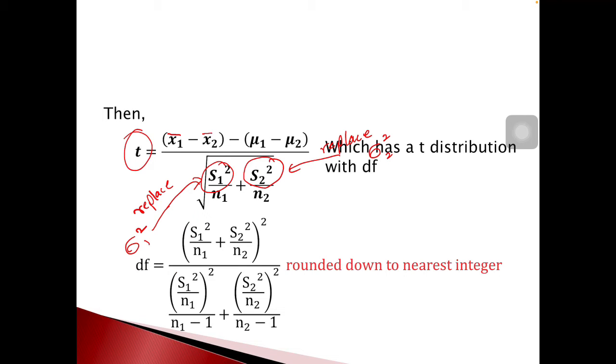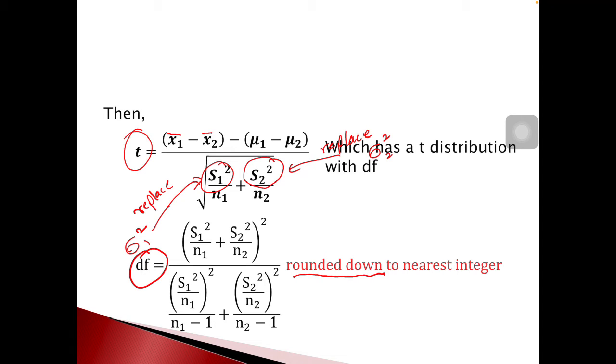This time we have to calculate it. So how do we calculate this degree of freedom? By using this giant formula. You can plug the values into this formula and get the degree of freedom, but remember that we always round down to the nearest integer.